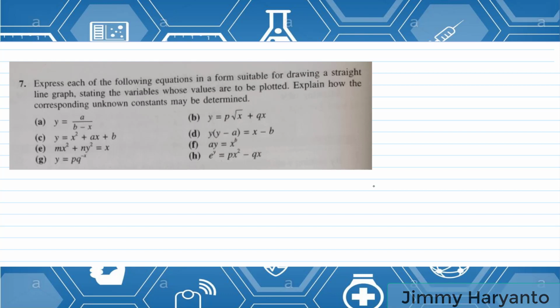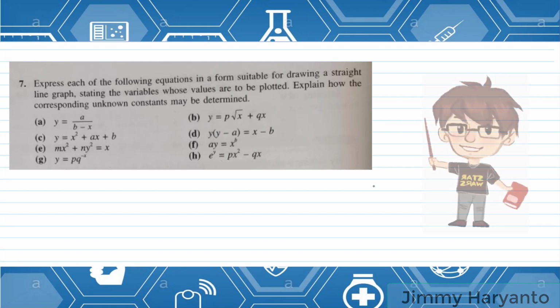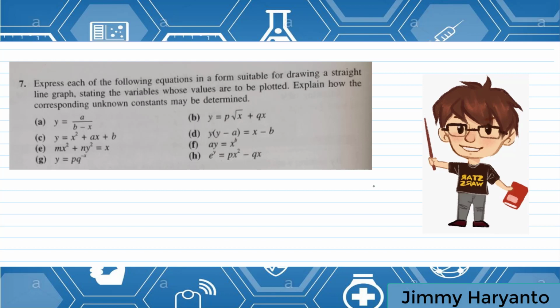Okay, for number 7, express each of the following equations in a form suitable for drawing a straight line graph. But this time there is no clue for what we have to plot. We have to find it by ourselves. Okay, for 7a, I have y equals a over b minus x.